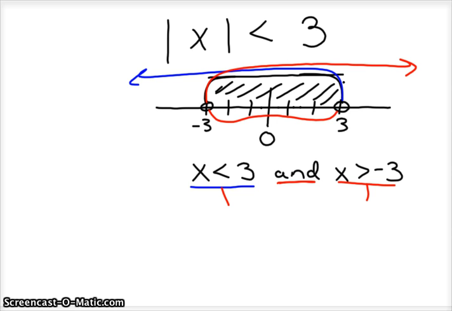Whereas if I had to set it with the word and in the middle of it, I go to the movie and I have popcorn. If I didn't have popcorn, I just went to the movie, that would be a false statement. Or if I just got popcorn and didn't go to the movie, also false. You need them both with and, and that's similar here. Both things have to be true.